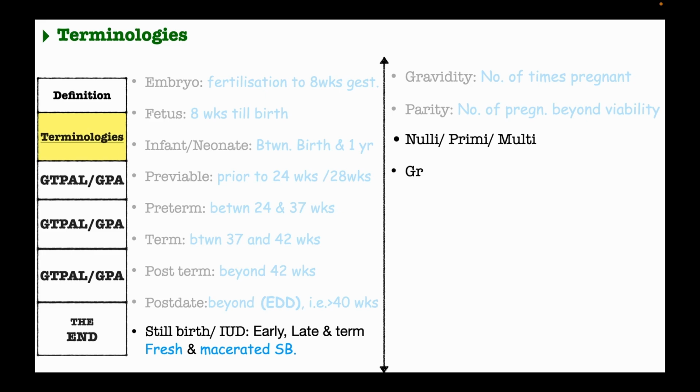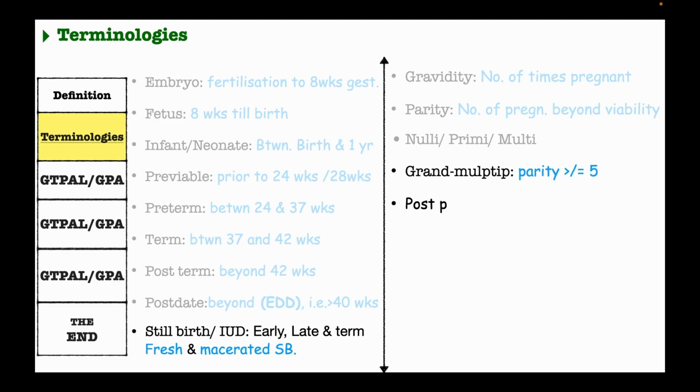Now, we have what we call the grand multipara or grand multiparity, and this refers to a woman whose parity is greater than or equal to 5. For example, a woman who has been pregnant twice is gravida 2. One ectopic pregnancy and one full-term birth will be multigravid and a primiparous woman.